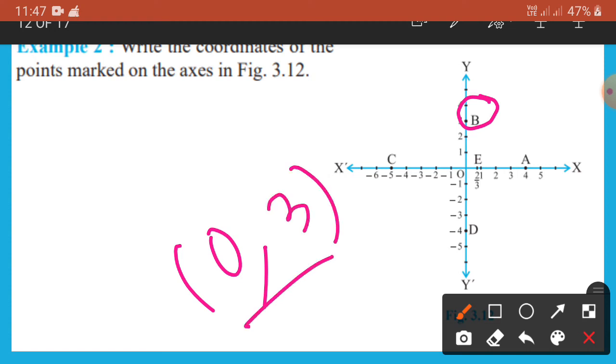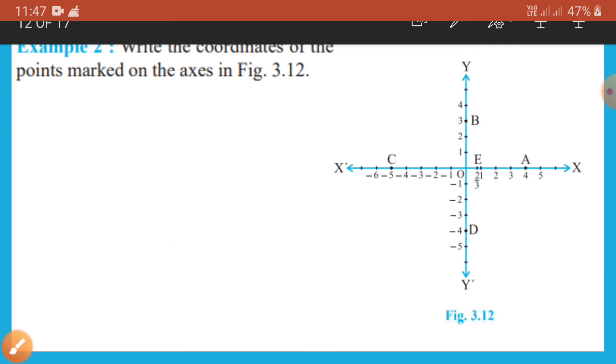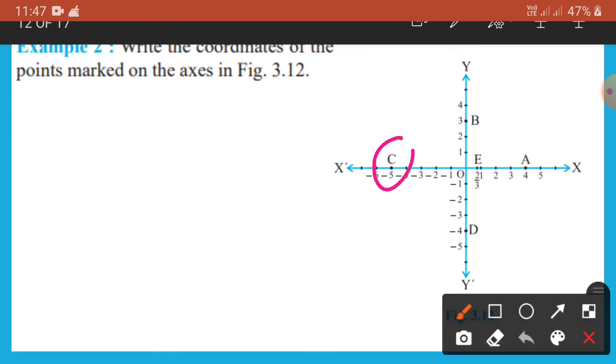That means the coordinates of the point B will be (0, 3). And the coordinates of C will be (-5, 0), because it is at a distance 0 from the x-axis.